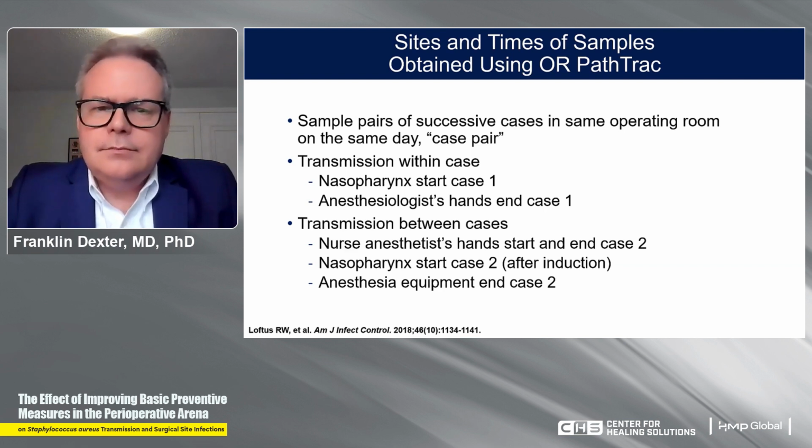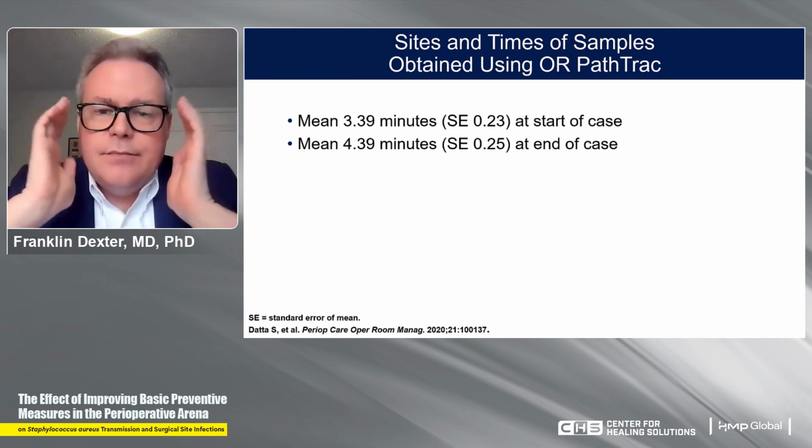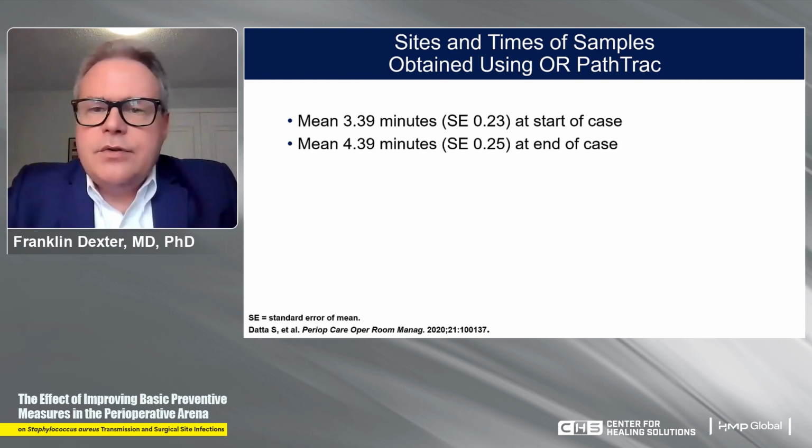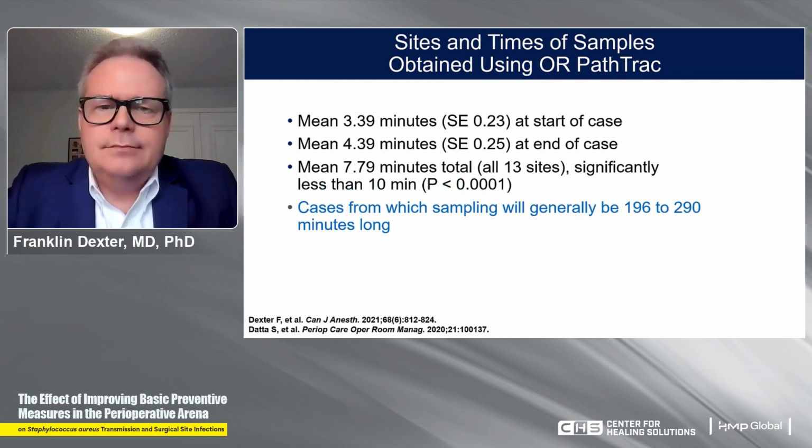For now, focus on the times. Collecting all the samples took around 3.5 minutes before surgery and about 4.5 minutes after surgery. So the total time that it takes to collect the Staph aureus samples is less than 10 minutes, significantly less than 10 minutes.